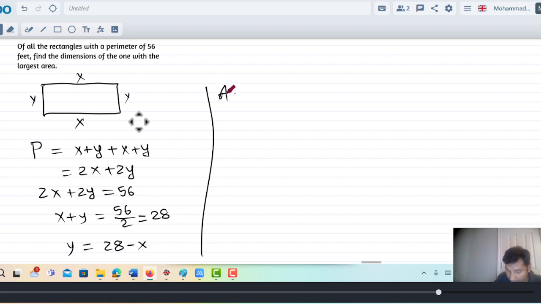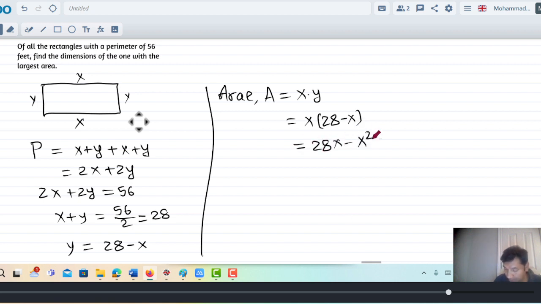Now let's use the area formula. The area A equals length times width, so x times y, which is x times (28 minus x), that is 28x minus x squared. So this is the value of the area. Now we need to maximize the area, I mean the largest area.